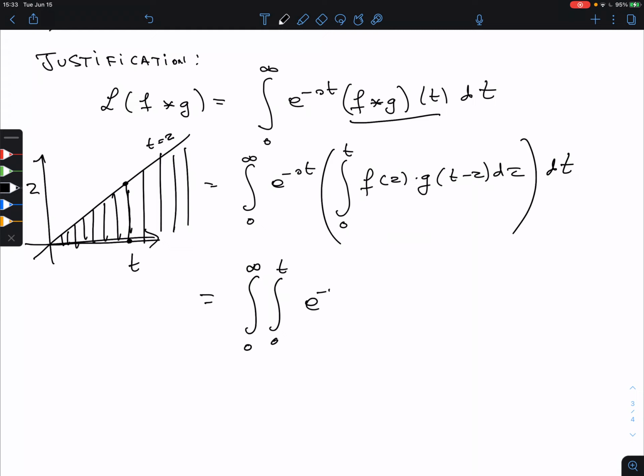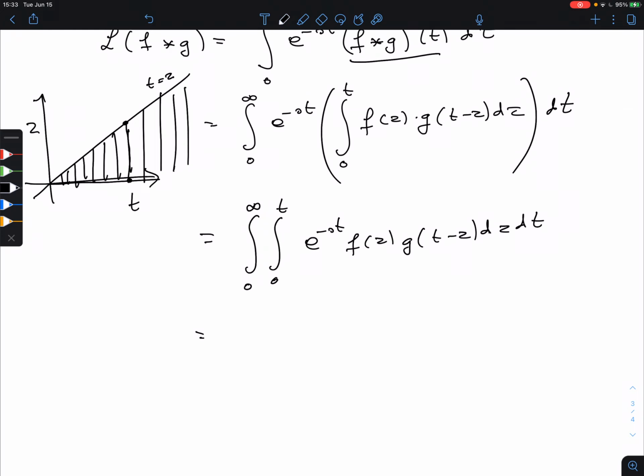So we get e to the minus st f(z) g(t minus z) dz dt. The order implies a certain order. You would say it doesn't matter because it's multiplying, but this is integration, and these are parts of the integral signs. This belongs to this integral sign, and this belongs to this integral sign. So now comes the switch that I mentioned.